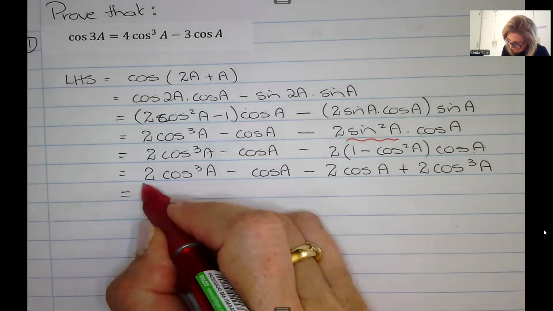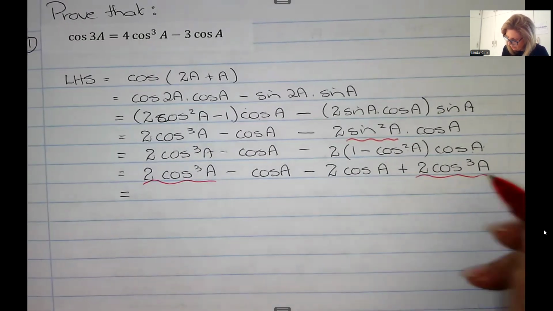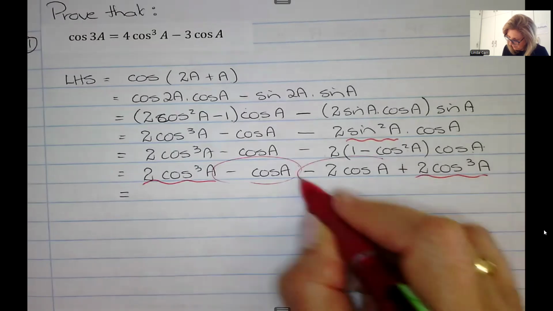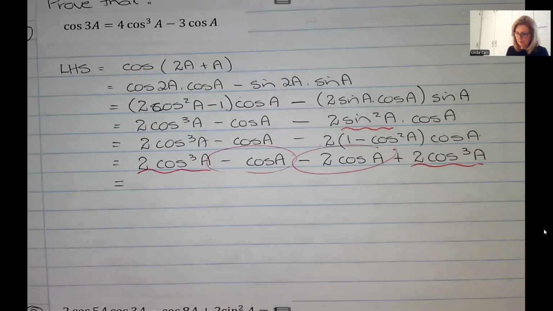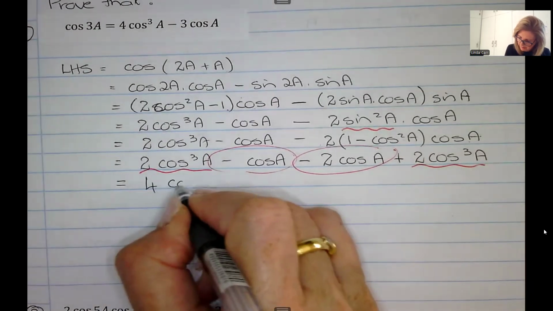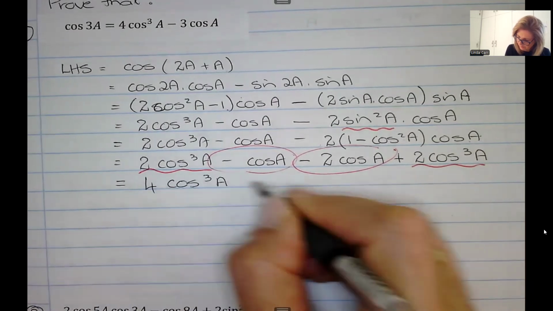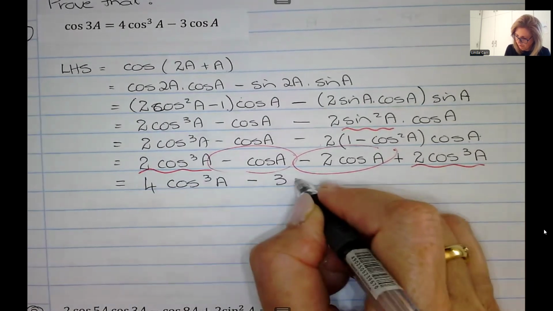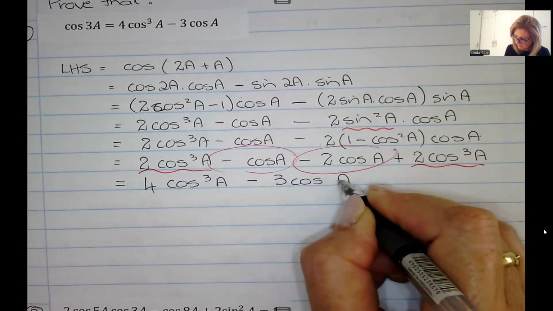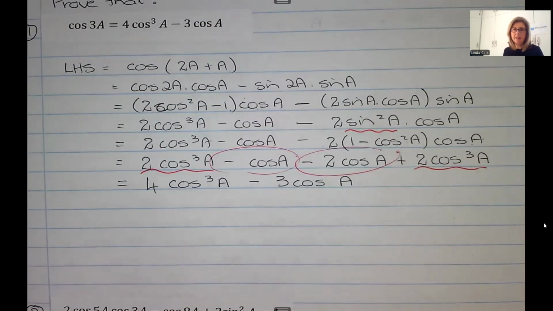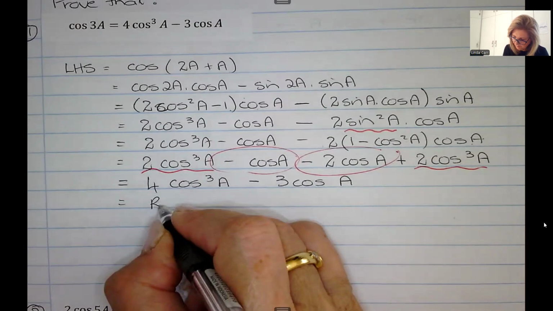Finally, I have beautiful like terms that I can add together to get exactly what I wanted. Isn't it lovely when you get what you want? And that is the right-hand side.